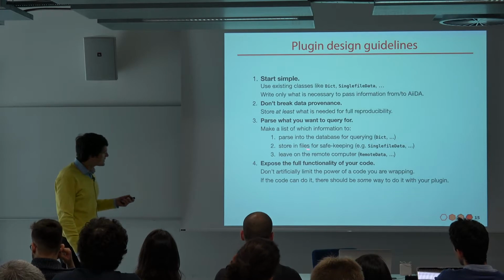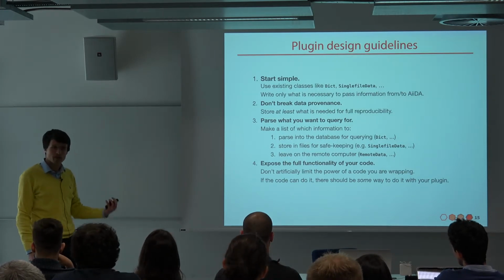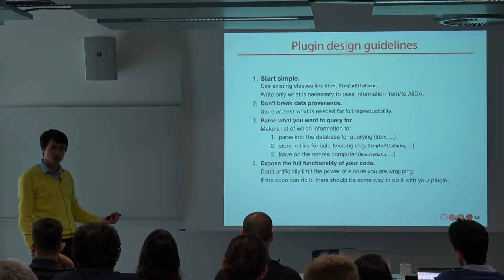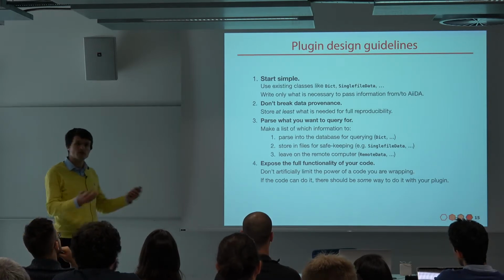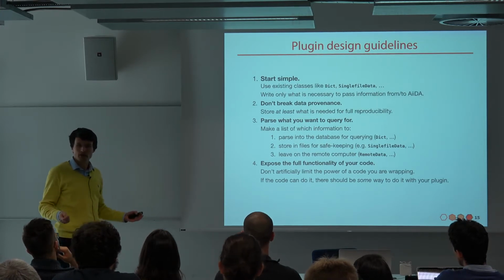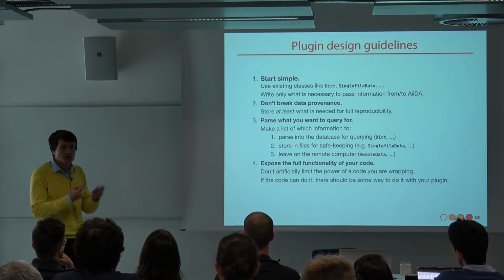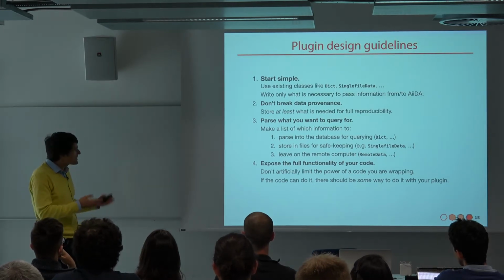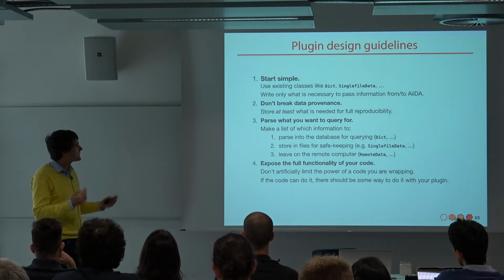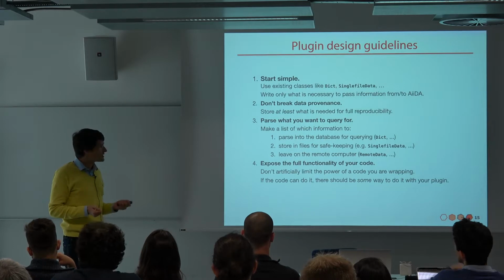Then the files that you want to store on disk, you can keep locally for reproducibility or for other purposes, maybe because they are too large to parse, or maybe it's something that you will never want to query for, like a single value in the Kohn-Sham wave function. You're not going to want to query for that, but it might make sense in some circumstances to store it. That is a decision that you need to make as a plugin developer.